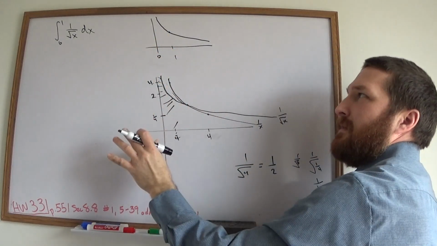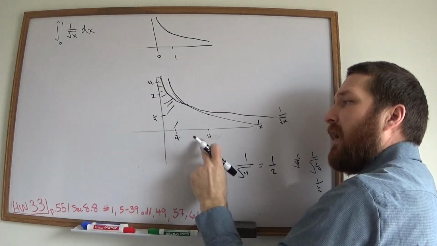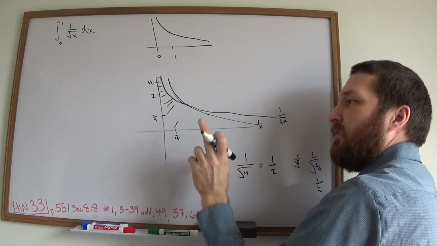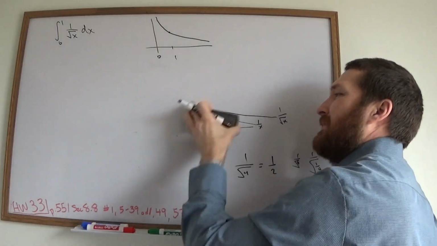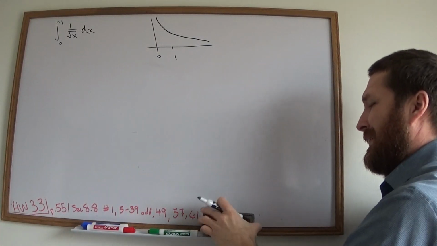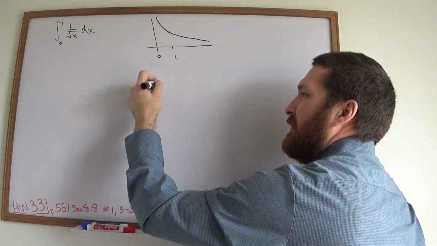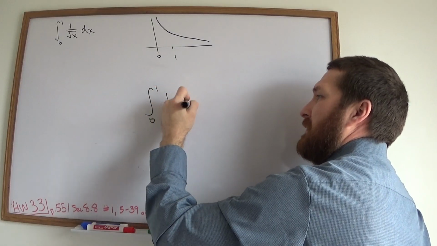So there's a chance, because we didn't talk about this, but like I said, 1 over x is the worst case scenario. And actually, I should have gone ahead and done this: the integral from 0 to 1 of 1 over x dx.